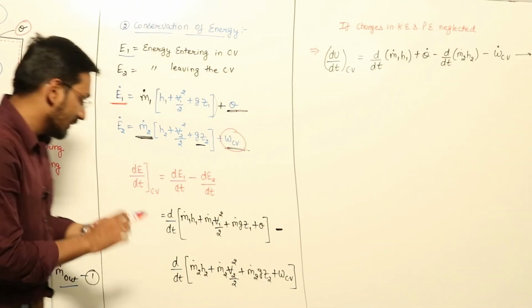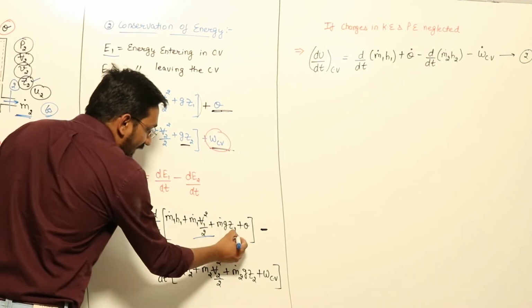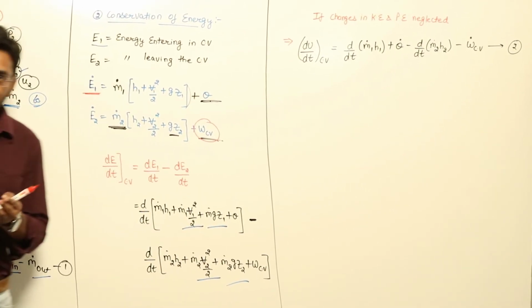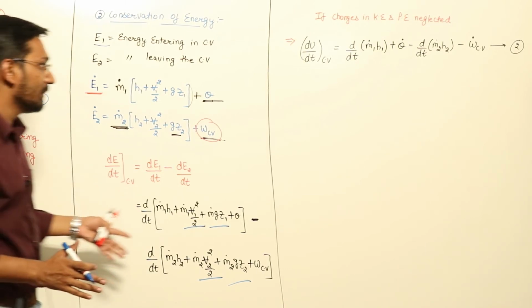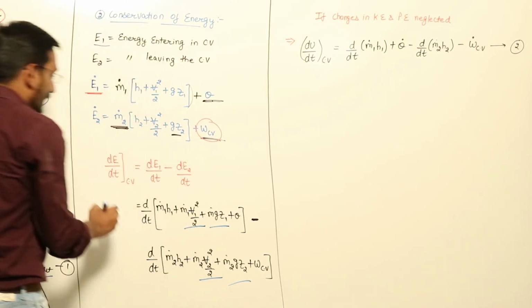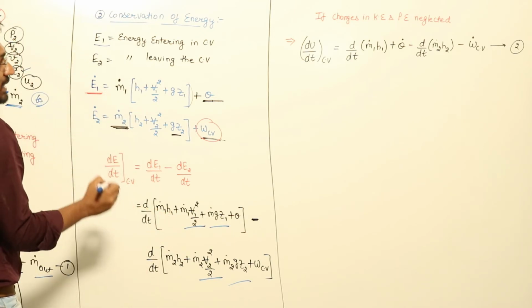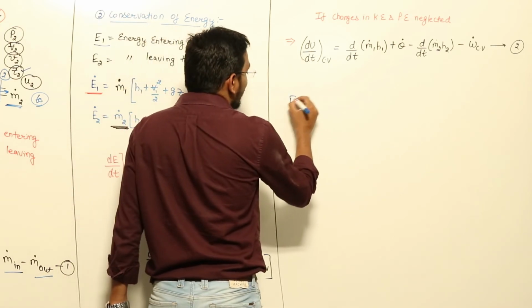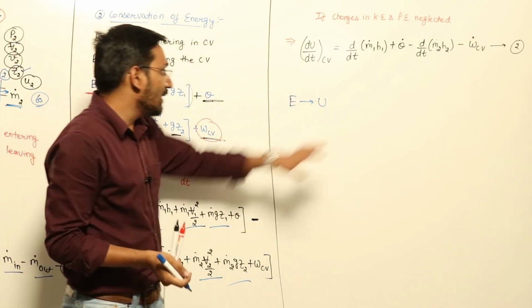And if I assume that changes in kinetic energy and potential energy of the system are neglected, then we already studied that E can be replaced with U, internal energy, right? Why internal energy?